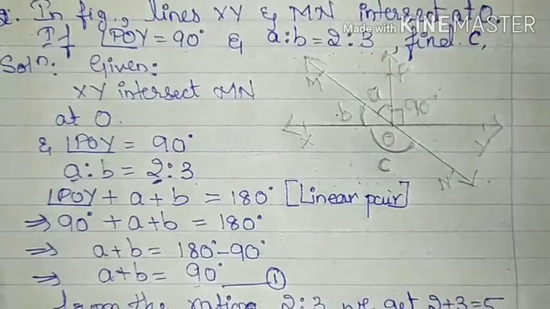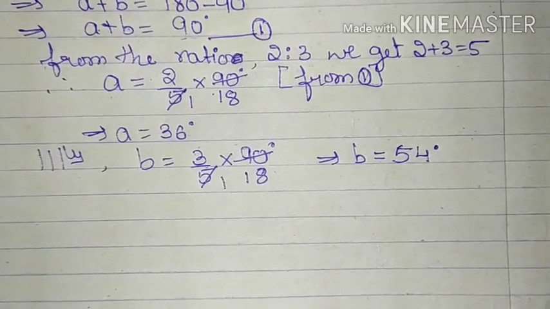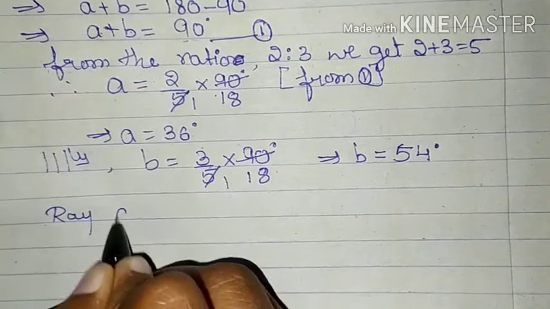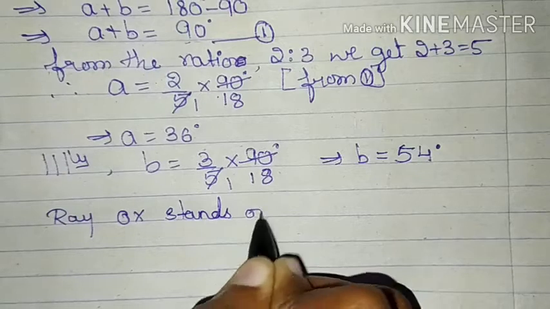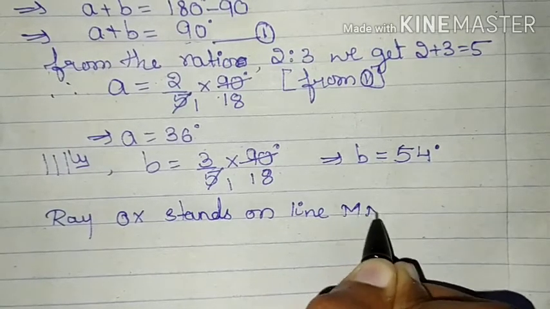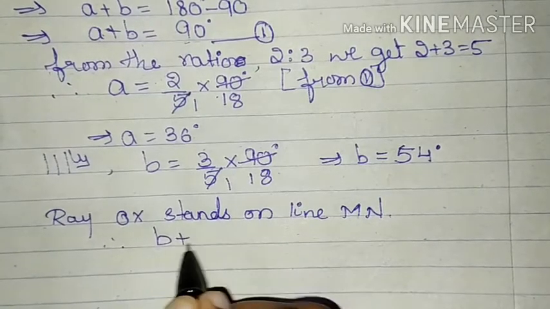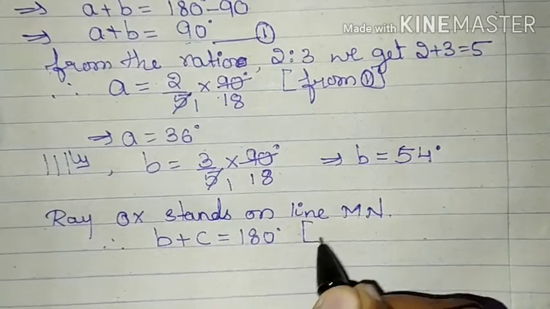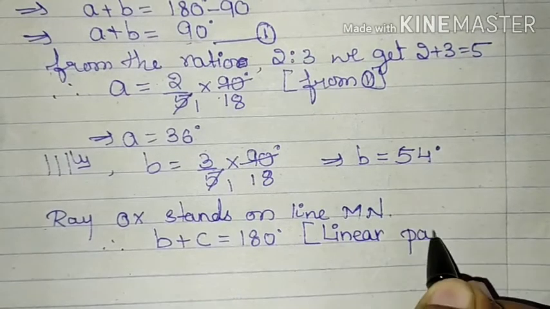So you make use of this information to find the value of C. So write down ray OX stands on line MN. Therefore, B plus C is equal to 180 degrees, which is a linear pair.